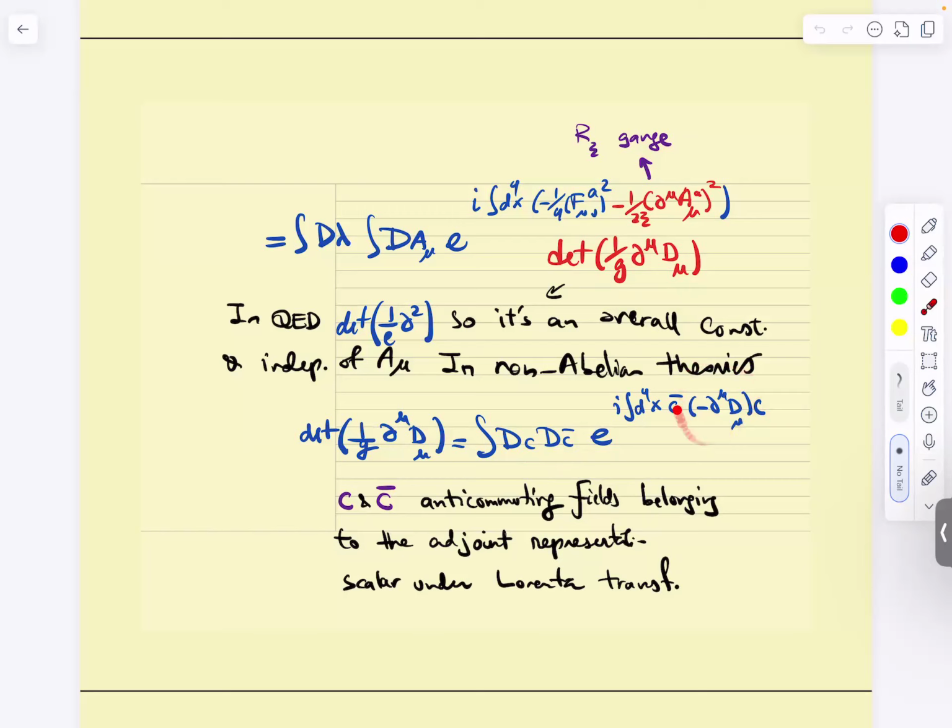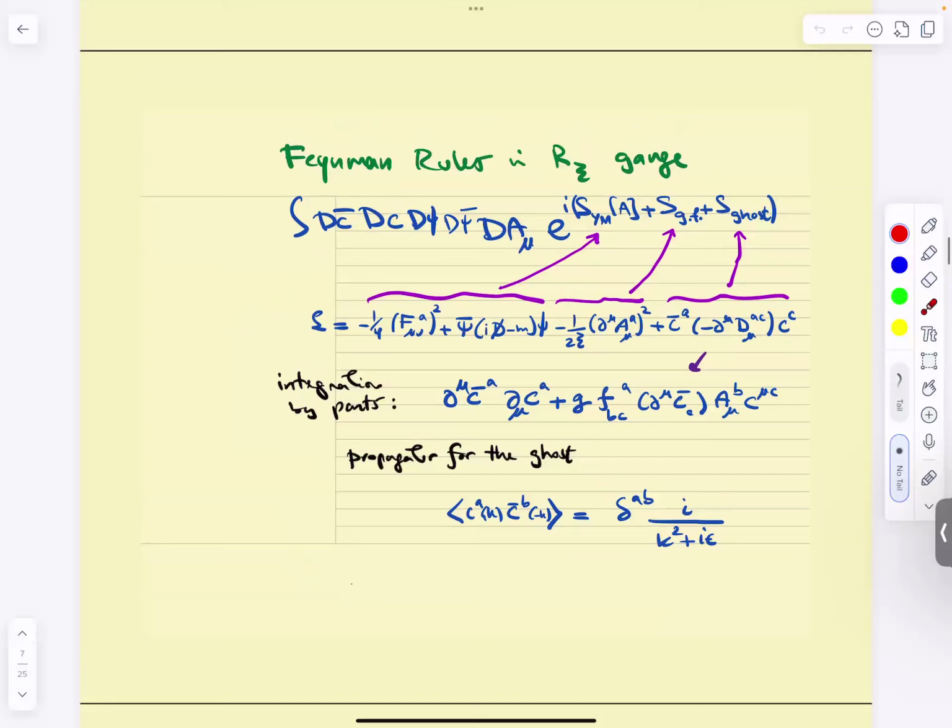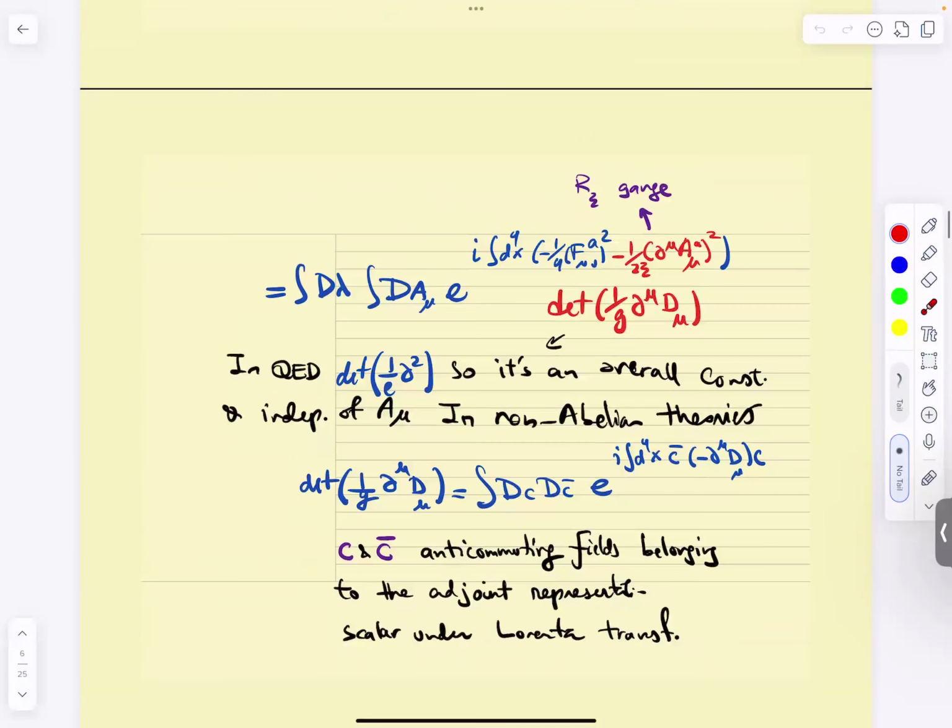Now this decides the propagator and the coupling of the ghosts. We call these ghosts to the gauge field. Their role is just to keep track, to make sure that probabilities are conserved. We're not overcounting. All right, any questions here?